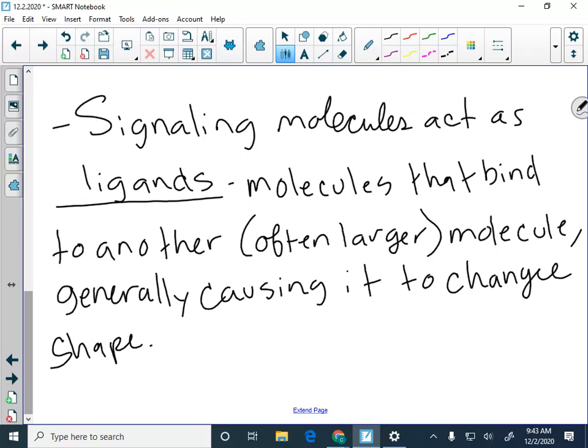So a lot of times people shorten signaling molecule to ligand, but they mean the exact same thing.